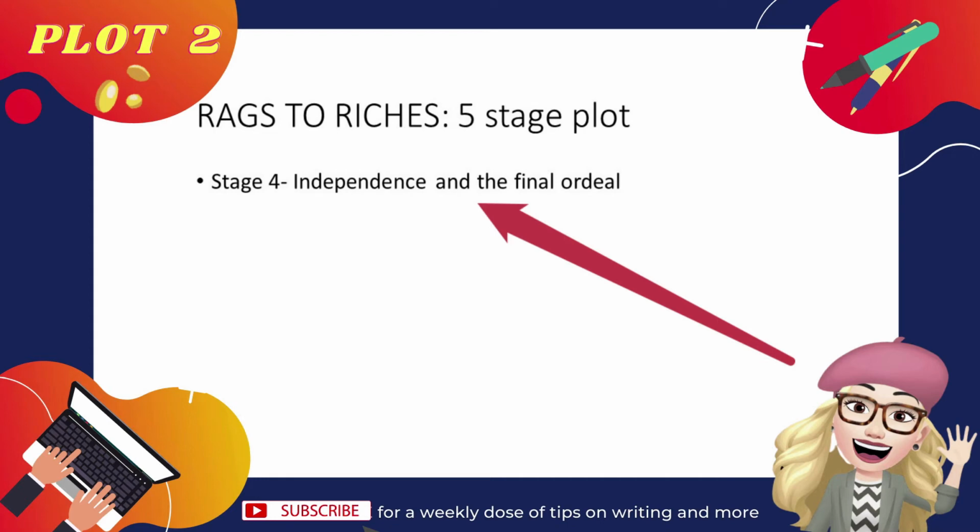So at this stage, according to Christopher Booker, there are no more genies or fairy godmothers, and the protagonist has to rely on his or her own skills to back himself or herself up.